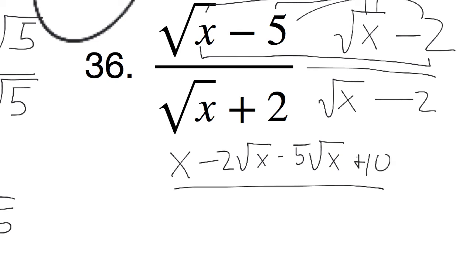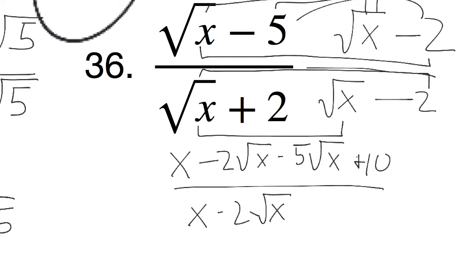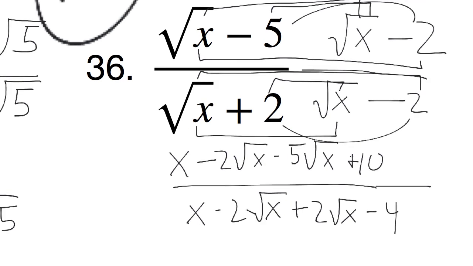FOIL. First, x. Outside, negative 2 square roots of x. Inside, positive 2 square roots of x. And last, negative 4. Simplify.